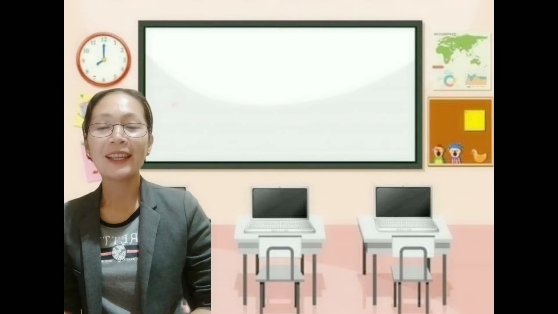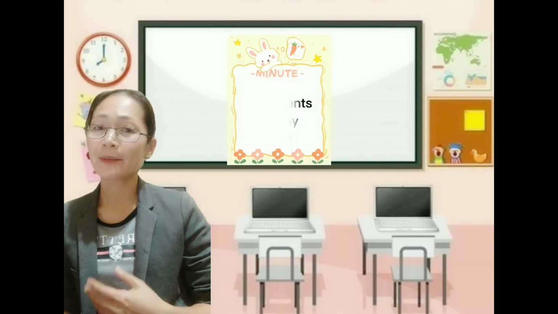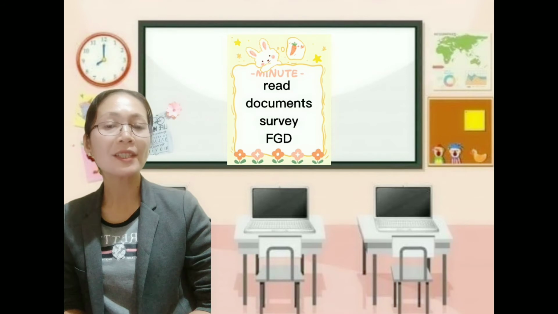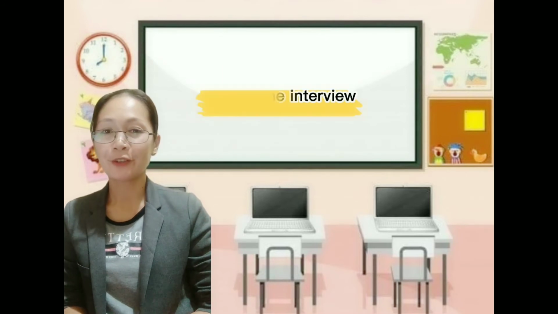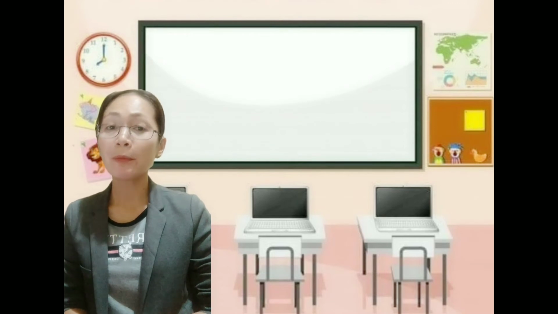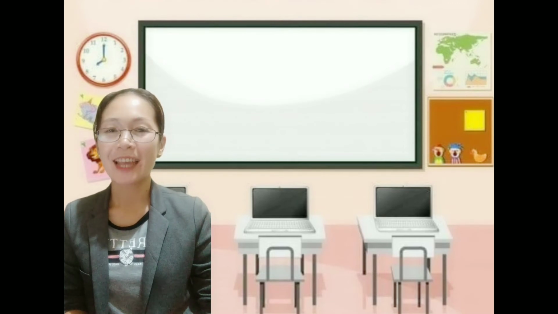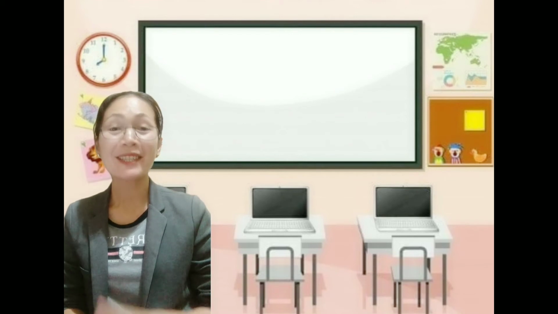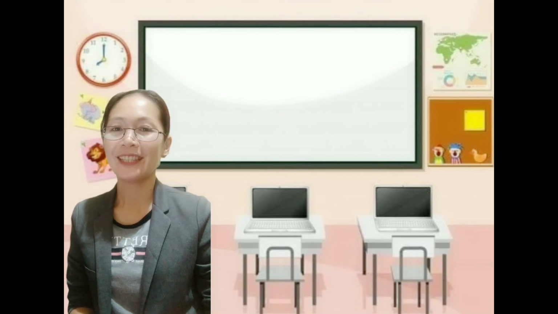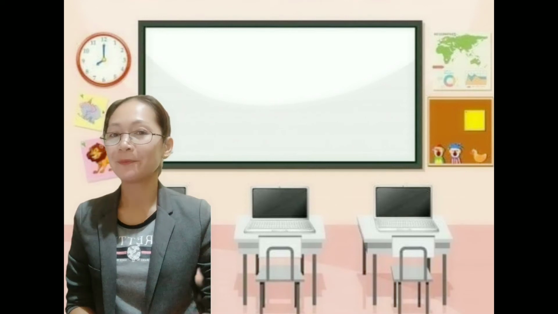Now you are going to make a case study about them. You can read documents about their business, or you can also do surveys, and you can also do a focus group discussion or one-on-one interviews. So that's case study. So for ABM students, probably they can utilize this type of research, because once again, this is made famous by Harvard Business School.